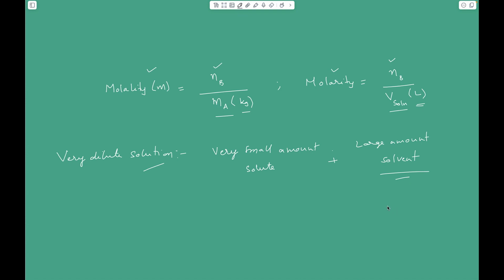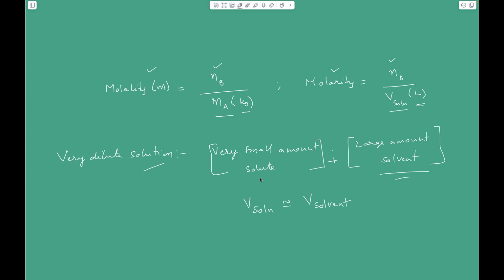Then what can we say about the volume of the solution? Because the addition of such a small amount of solute is not significantly changing the volume of the solvent in which it is dissolved, the volume of the solution formed is approximately equal to the volume of the solvent, right?